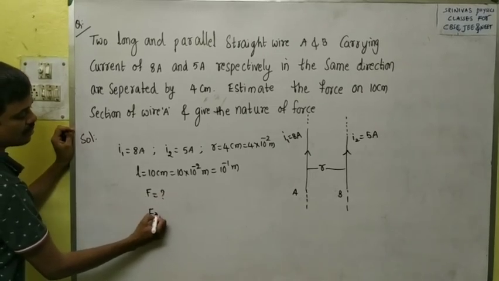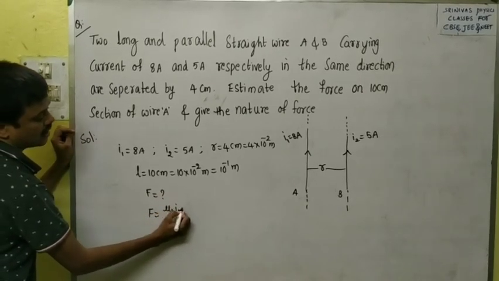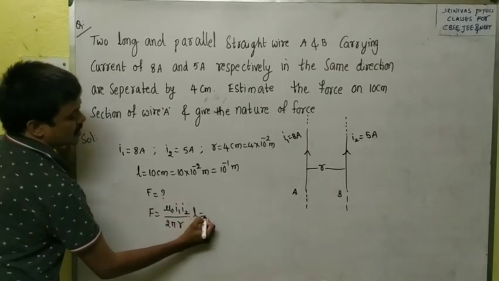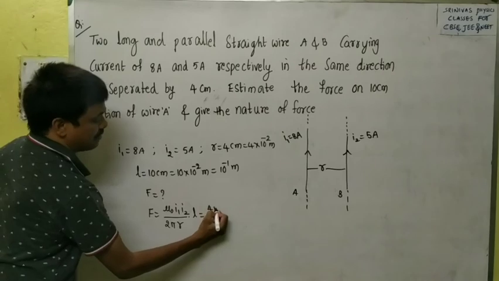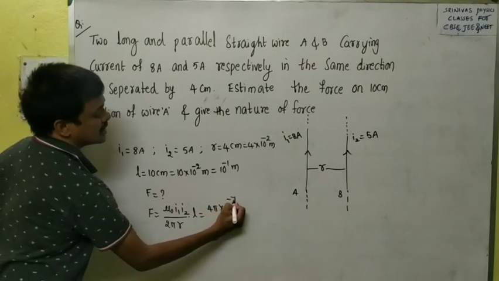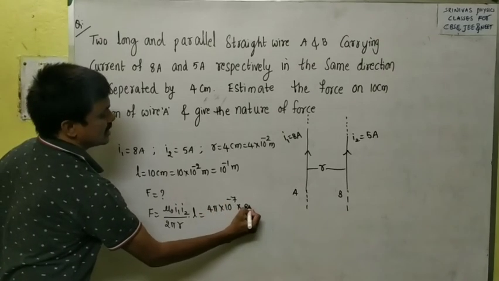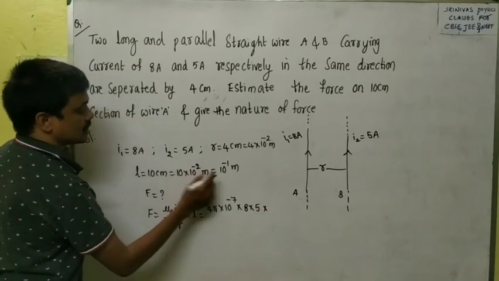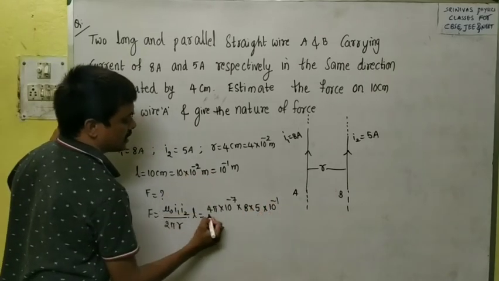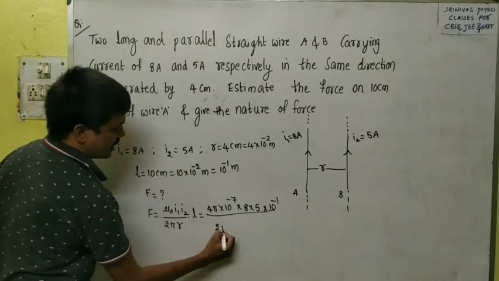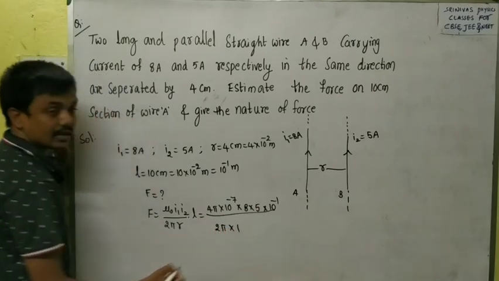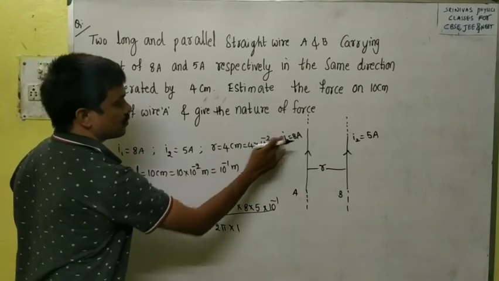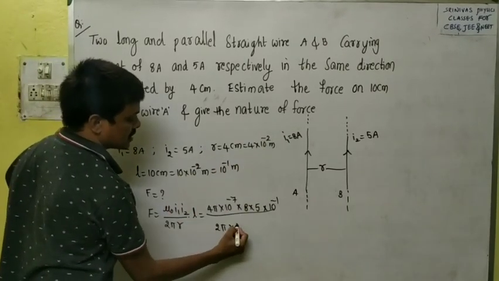The force formula we already know: mu naught I1 I2 by 2 pi r into L. Substitute all values. 4 pi into 10 to the power of minus 7, I1 is 8, I2 is 5, L is 10 to the power of minus 1, divided by 2 pi r, where r is 4 into 10 to the power of minus 2 meters.